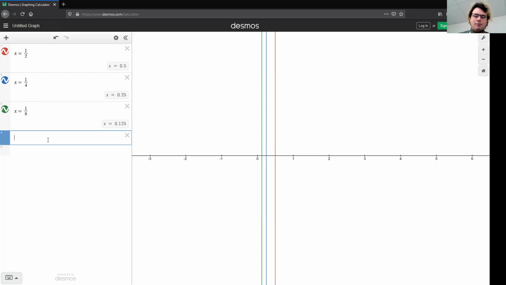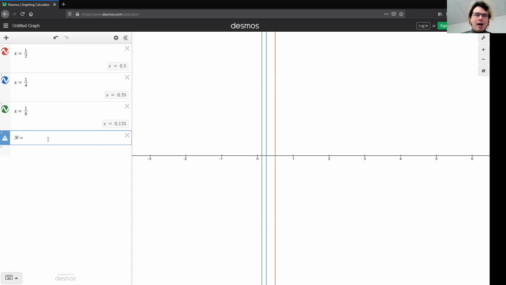So if I was going to write this as a formula, it would just be 1 divided by 2 to the power n. n is the index, so the nth number on my list would just be 1/2 to the power n.